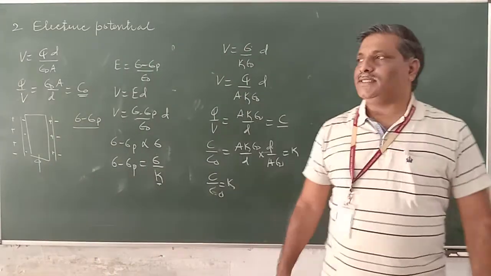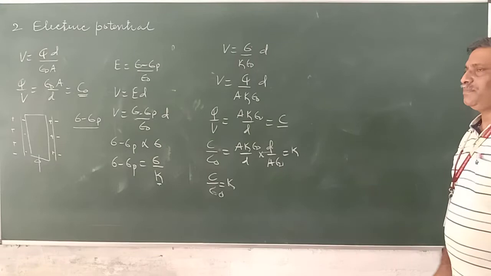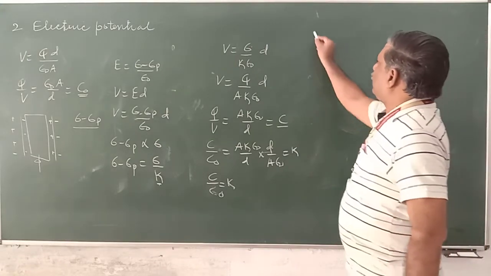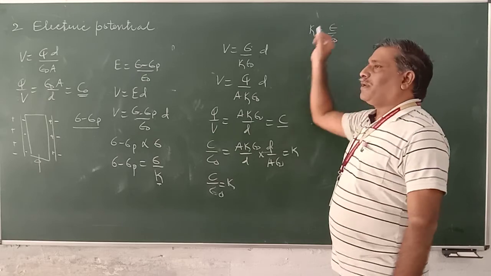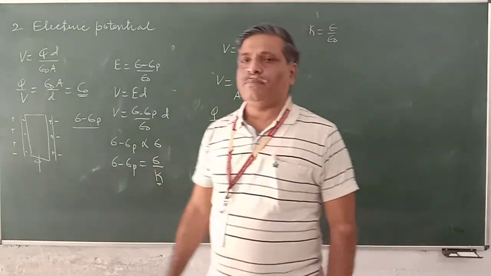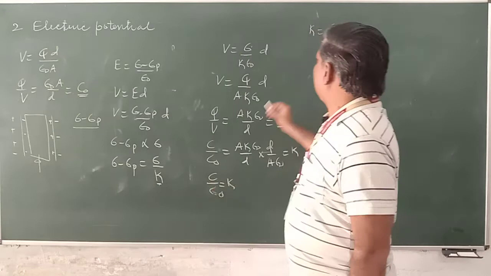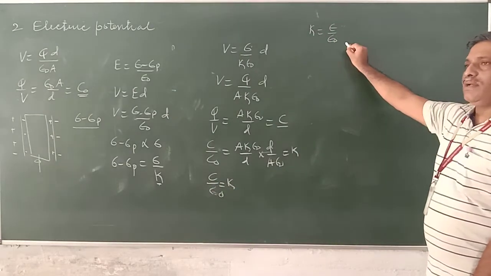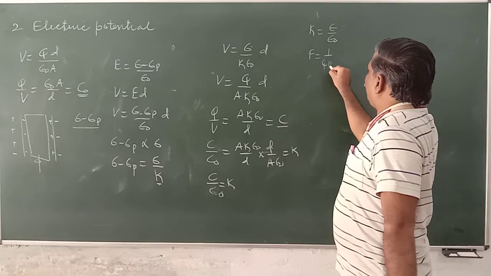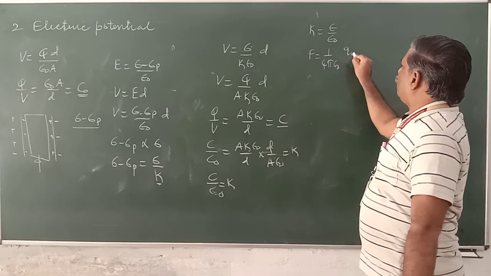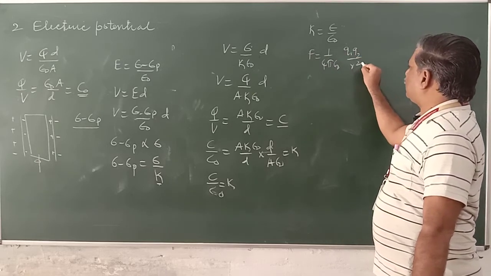We have defined the dielectric in the first chapter. We know that K is the ratio of the permittivity in space to the permittivity in free space. On similar lines, we know that F0 is equal to 1 upon 4 pi epsilon 0 Q1 Q2 divided by R square.